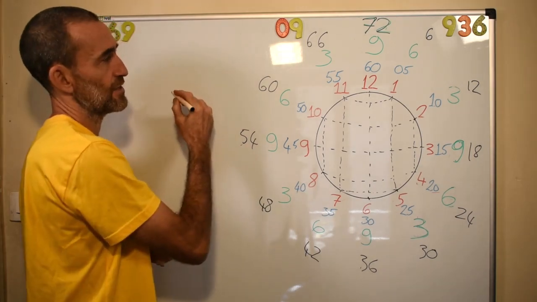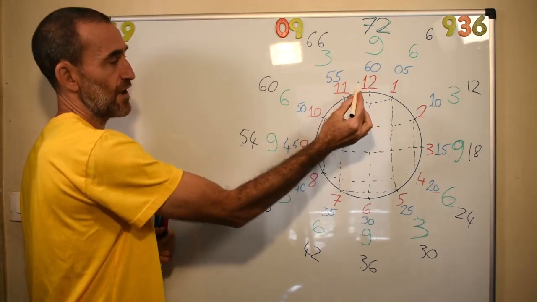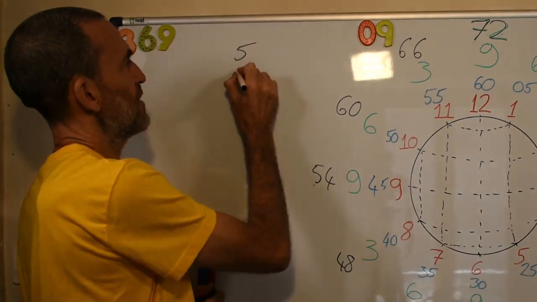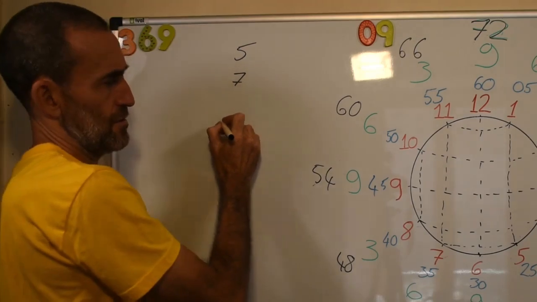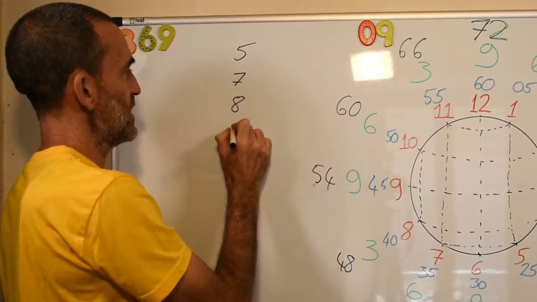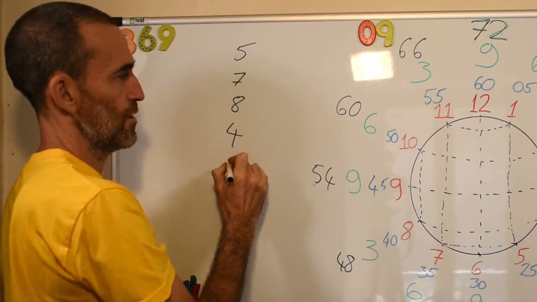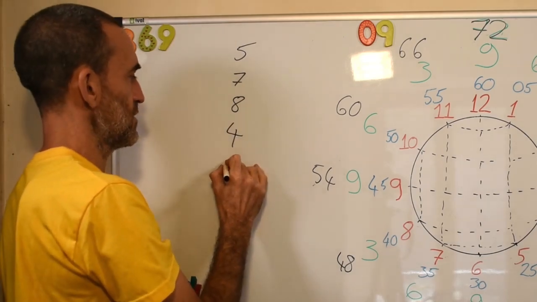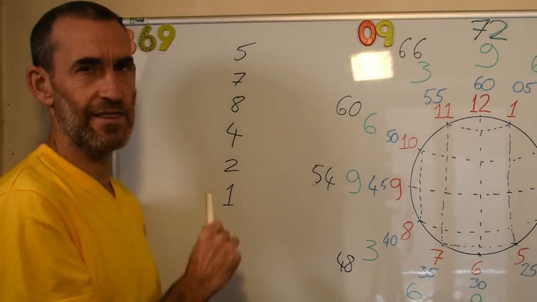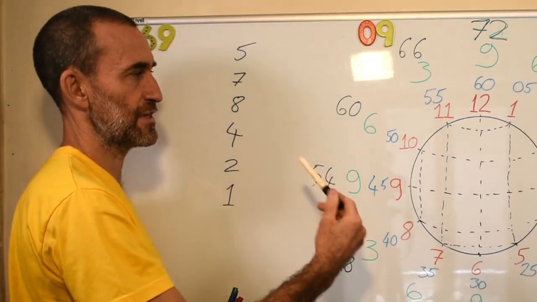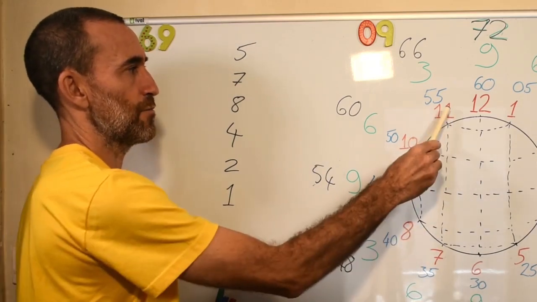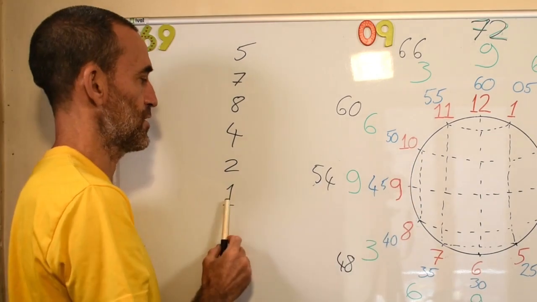The numbers that are created when the 2 divides into the 1 are the 5, the 7, the 8, the 4, and then also the 2 and the 1. The 2 and the 1, if you've seen the last videos, correspond to the 11 and the 10 here. 1 plus 1 is 2, and 1 plus 0 is 1.